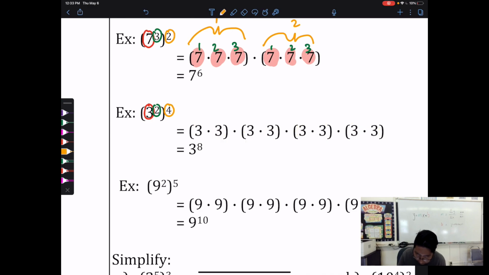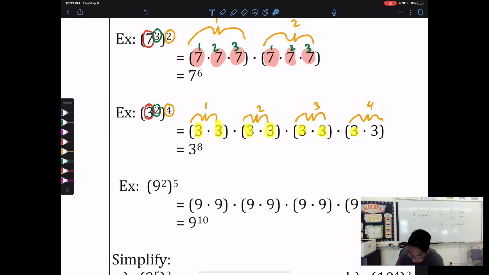But the question is, how many of those do we multiply? So we have 1, 2, 3, and 4. And so now if we look at this, we can say 1, 2, 3, 4, 5, 6, 7, 8. 3 to the 8th power.